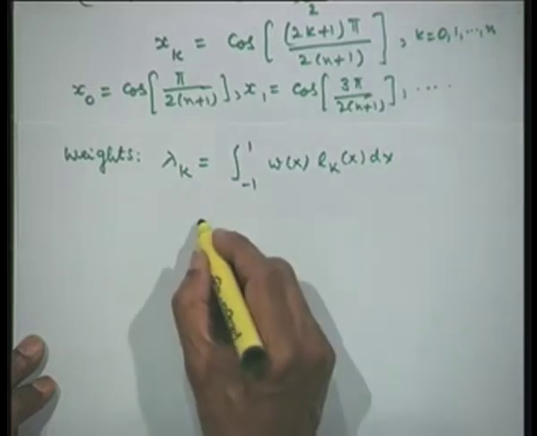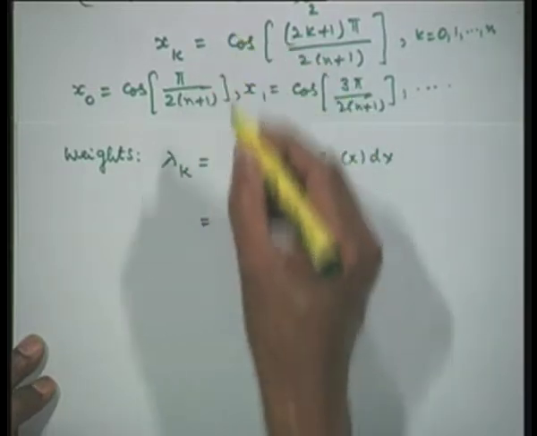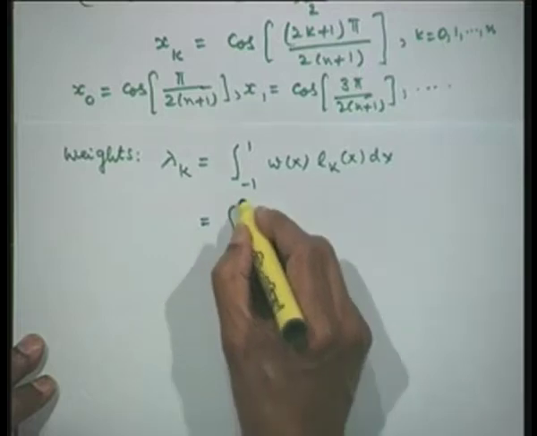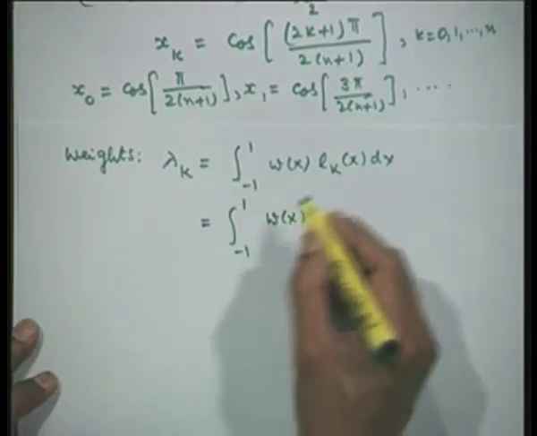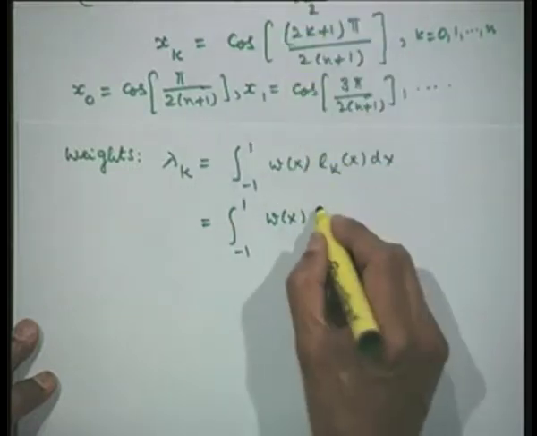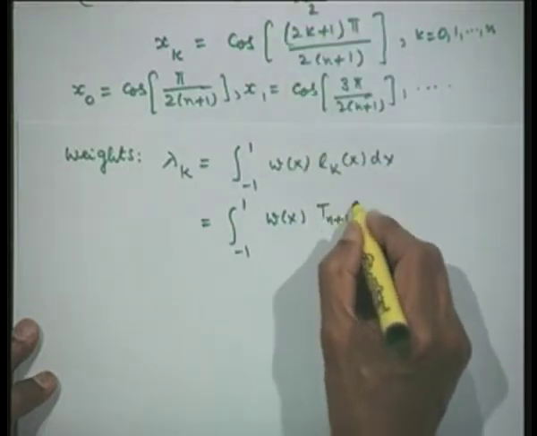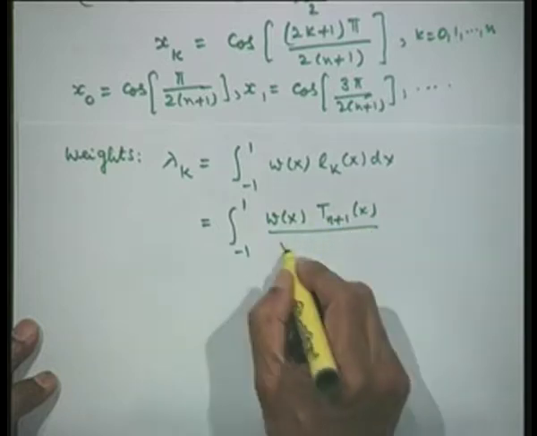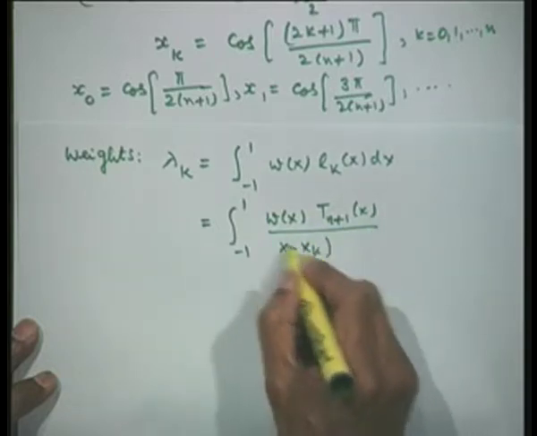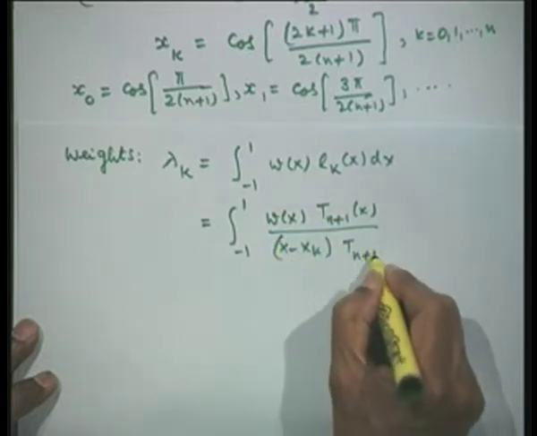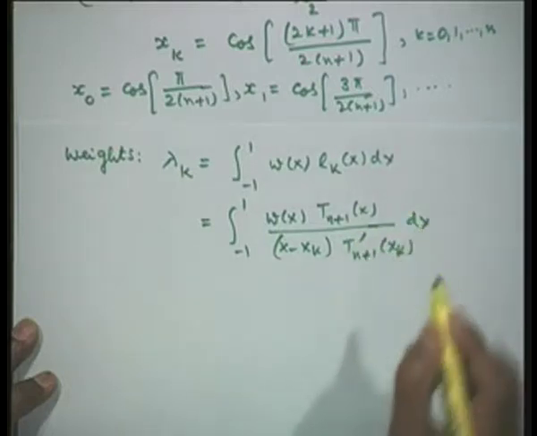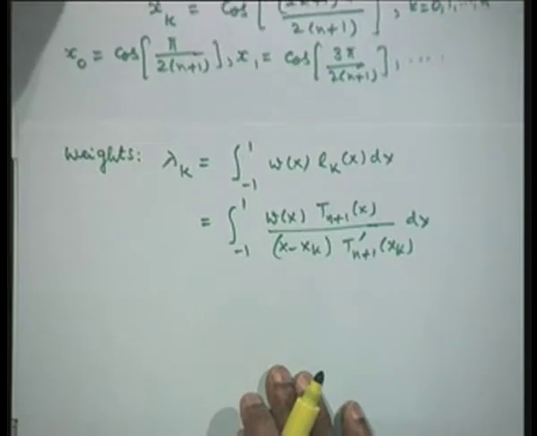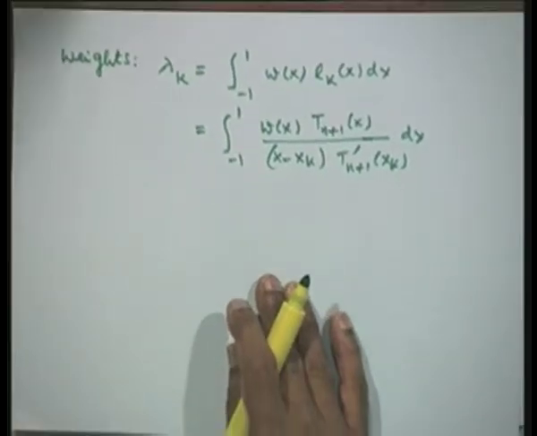An alternative form we have also written in terms of these orthogonal polynomials. That will be the integral of w(x), with P n plus 1 earlier but now T n plus 1 of x, divided by (x minus x k) into T n plus 1 prime of x k, dx. So, these will be the weights of this formula.